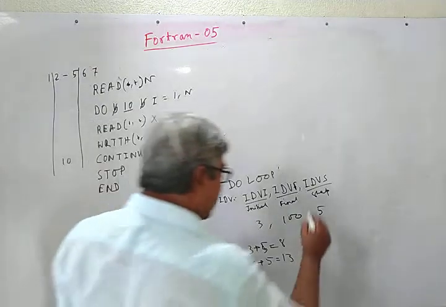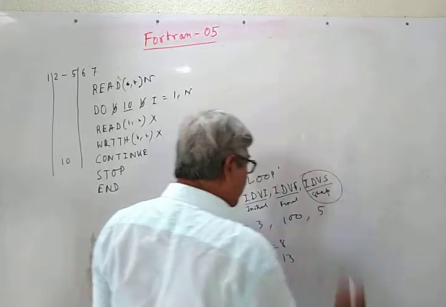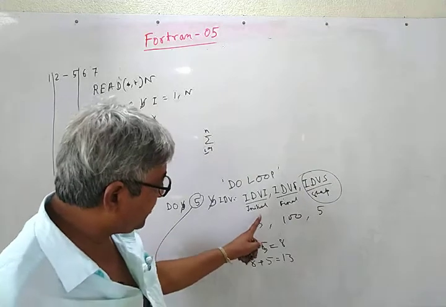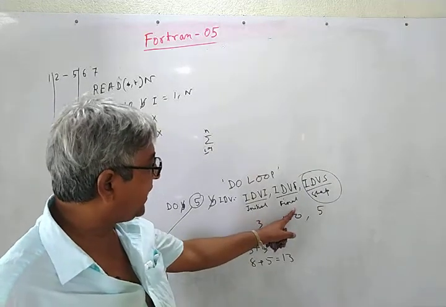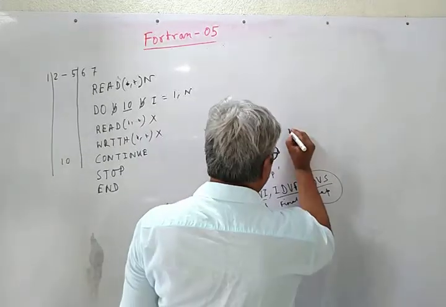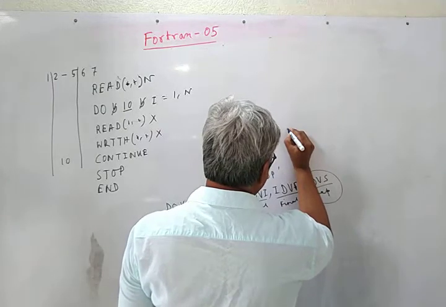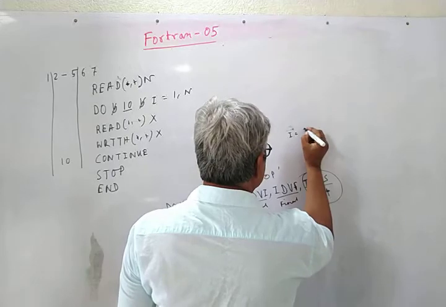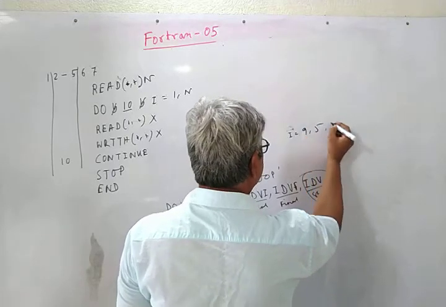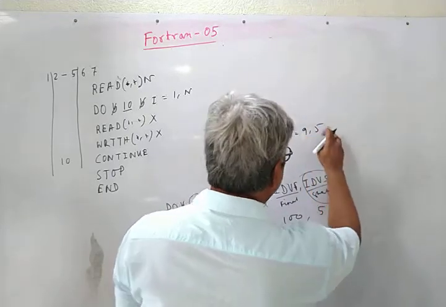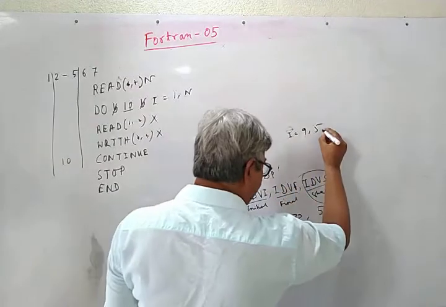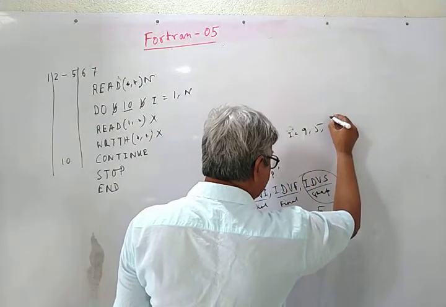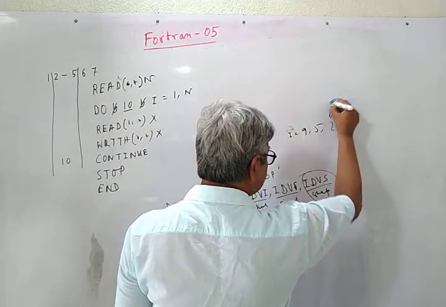If the step is positive, then the initial value must be smaller than the final value. If we write a do loop like this, I is equal to 9, 5, then since no step is specified, it assumes the step to be +1.